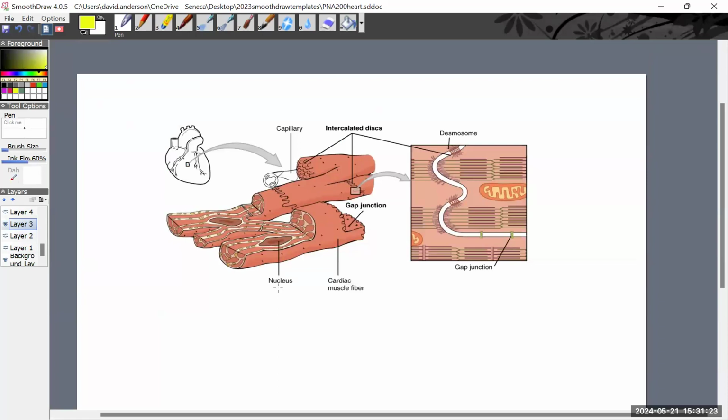Here's a picture of our muscle cell and the way that it's arranged in sheets. So this represents our intercalated disc. If we looked at the intercalated disc, we've got our desmosomes that create connections, and then we've got gap junctions that allow for easy transportation of electrolytes from one cell to the next.